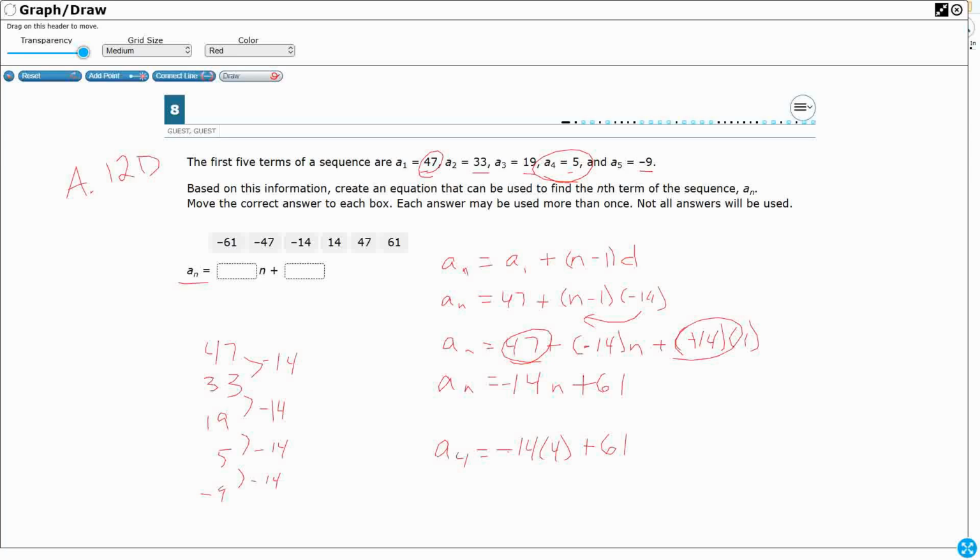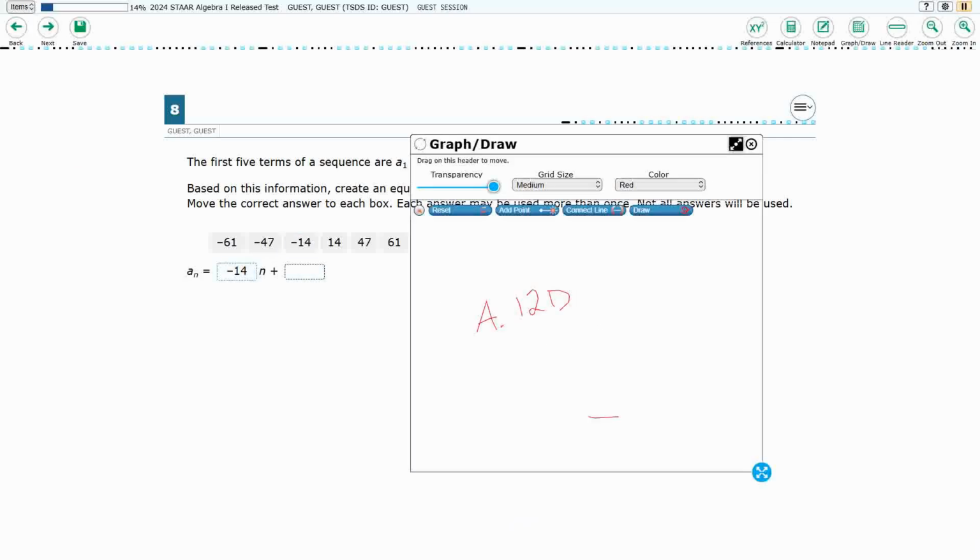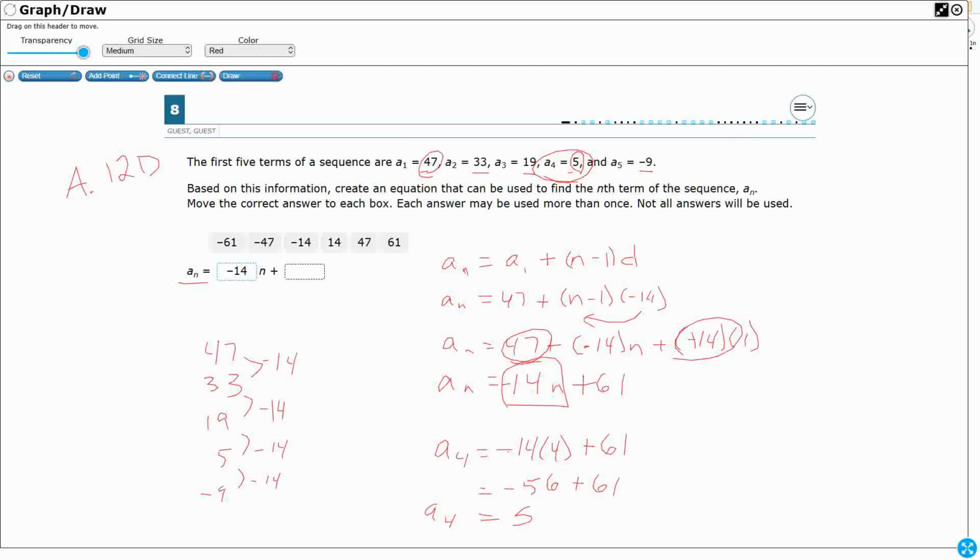And so what is negative 14 times 4? That's going to be negative 56. Negative 56 plus 61, and that equals 5. And that is what it equals. All right, so that verifies our work. So this is what we need to plug in here. We're looking for this negative 14, and then it's a plus 61.